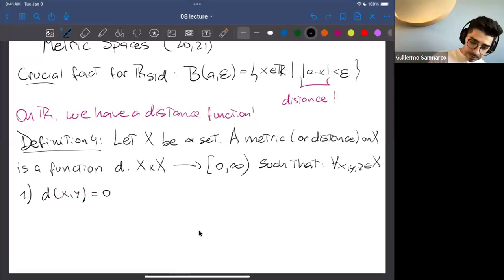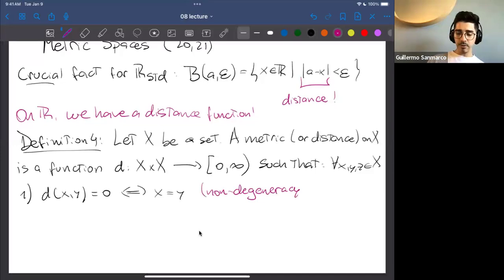So distance from X to Y is 0 if and only if X is Y. That's something that should happen. We don't want 2 different points to be at distance 0 from each other. So this is what's called non-degeneracy of the distance function. I don't know what this function is, but I want it to have these properties.